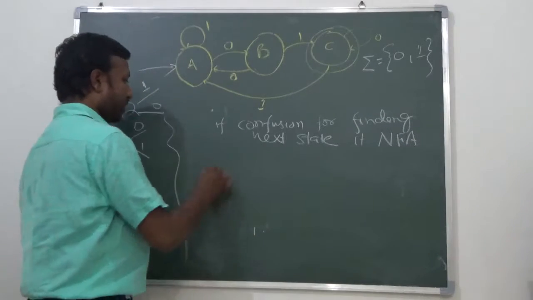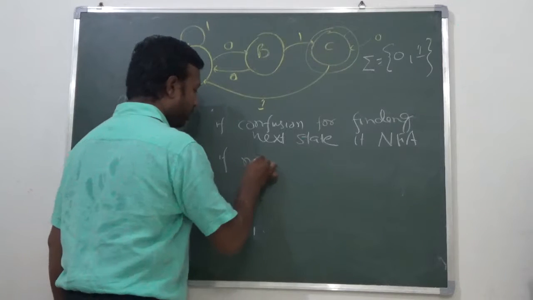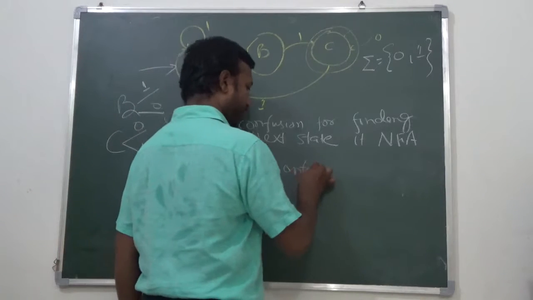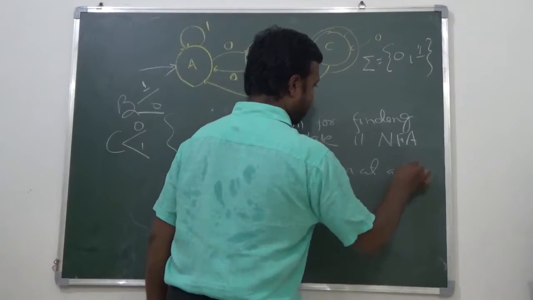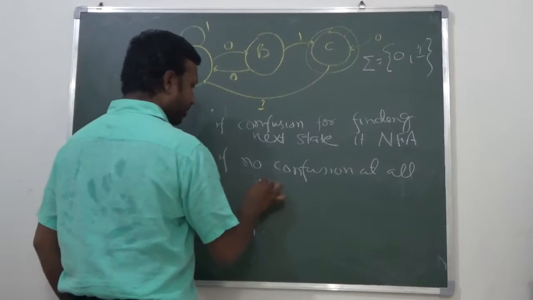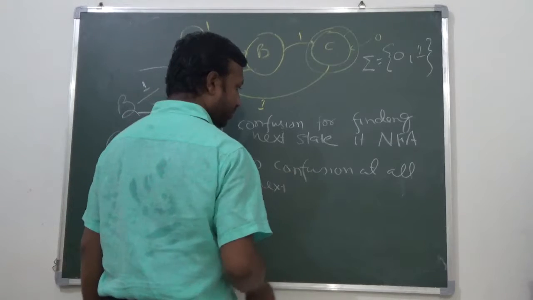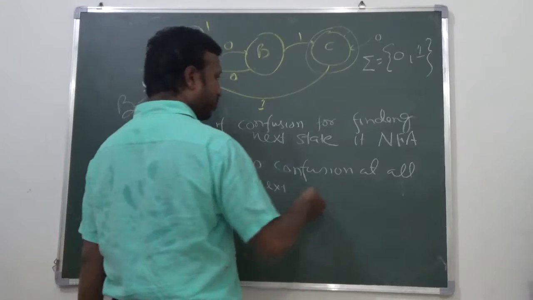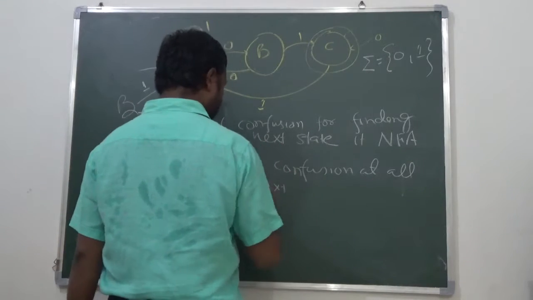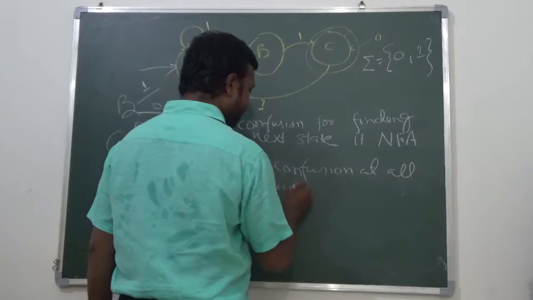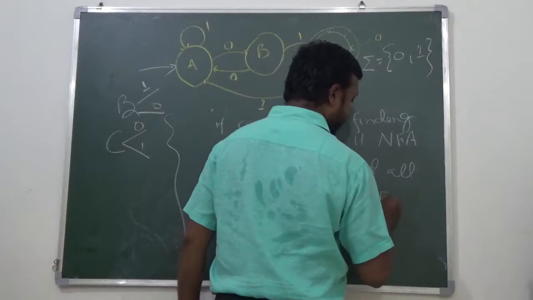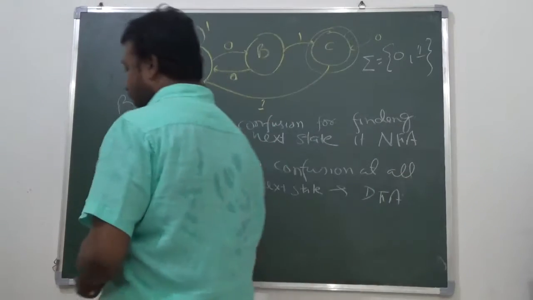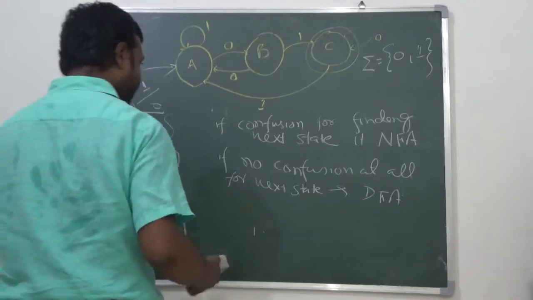If there is no confusion at all for the next state, then it is DFA, deterministic finite automata.